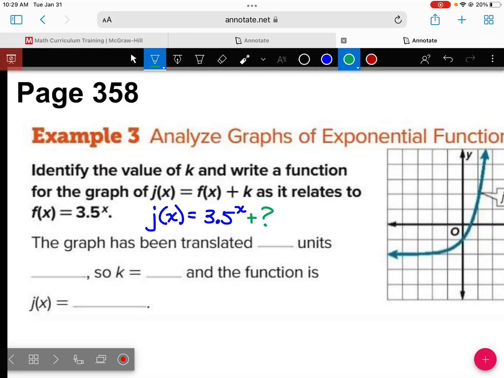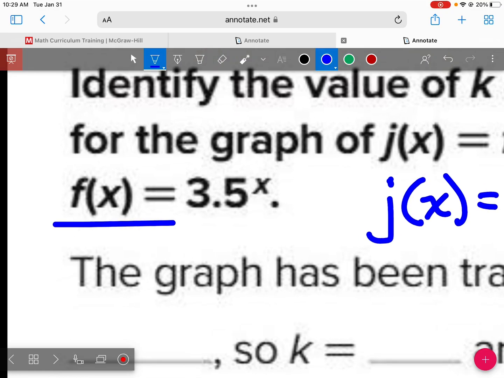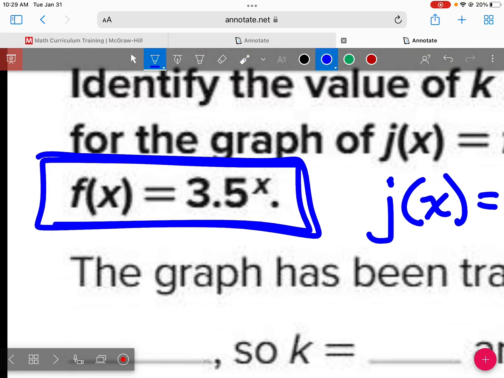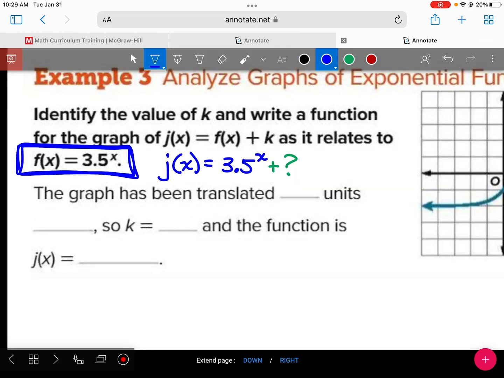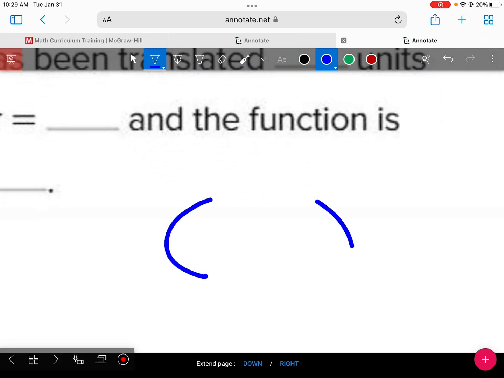Where would the y-intercept be for this parent function? Tell me how a y-intercept looks. What does the ordered pair always start with? Starts with the x part of the ordered pair, and it always starts with a 0.